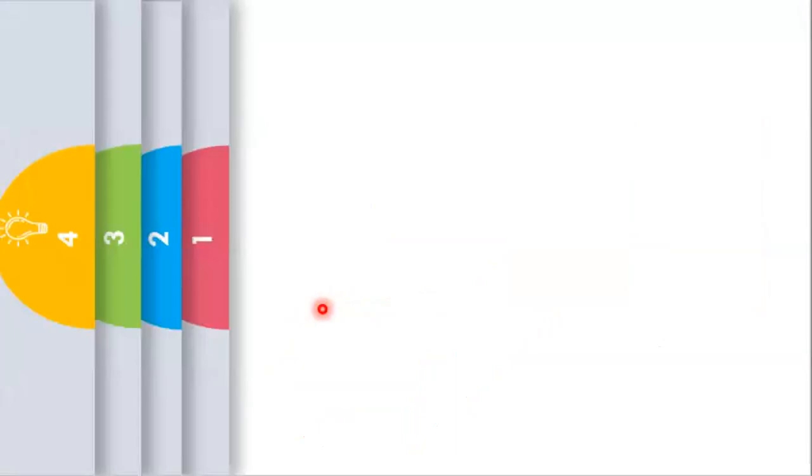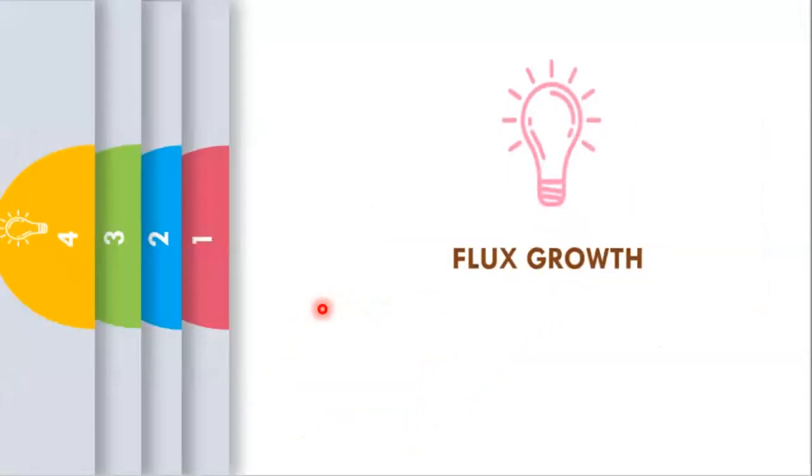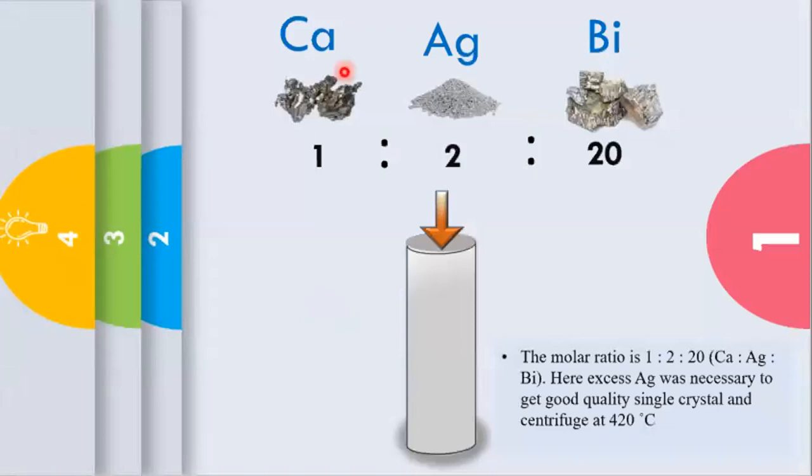Next, I come to the flux growth technique. In that case, we take some composition ratio of material, and we take flux as a huge amount. Here you can see my aim was to grow calcium Ag bismuth.